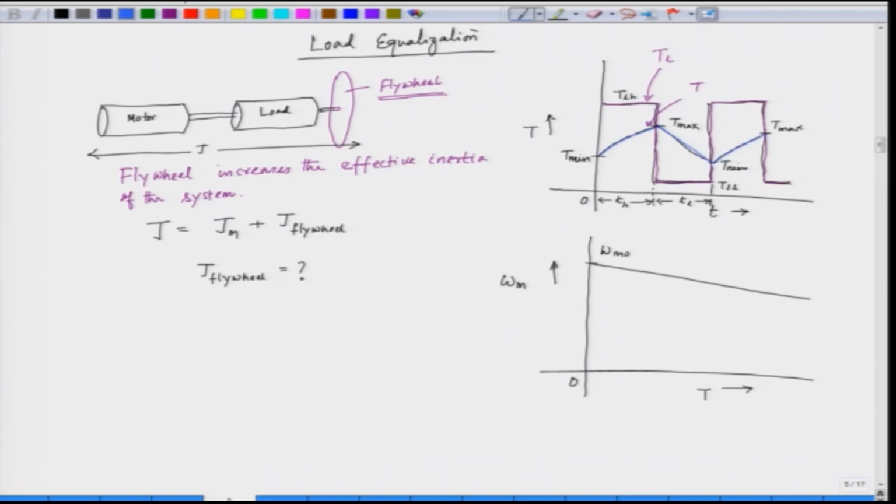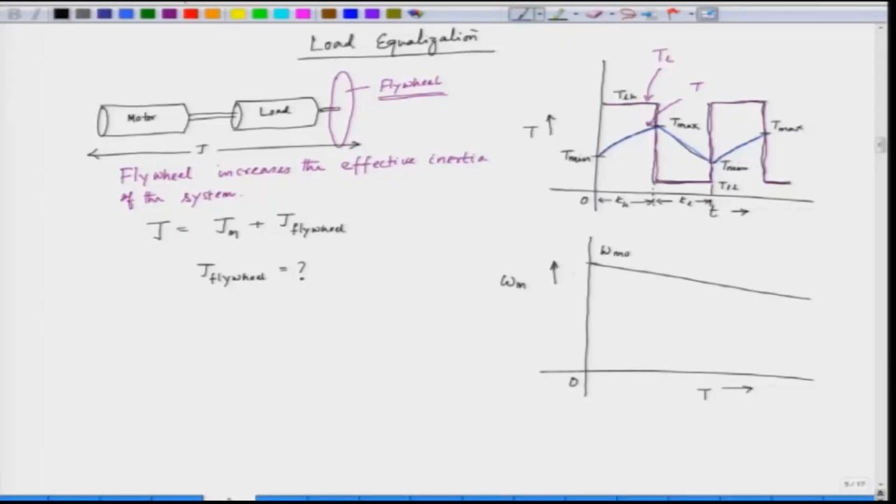So, we have been given the motor characteristic. The motor speed torque characteristic is a straight line, and the equation of this straight line is omega m equal to omega m naught minus small k into T, where T is the torque.